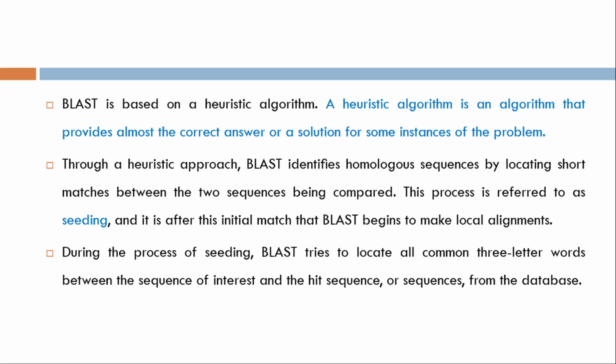So a heuristic algorithm gives you an almost correct answer, not 100% accurate, but the Needleman-Wunsch algorithm gives you 100% accuracy. Then what is the reason? If the heuristic algorithm, the word or K-tuple method, meaning BLAST, is not giving you a 100% accurate result, then why should we use it?